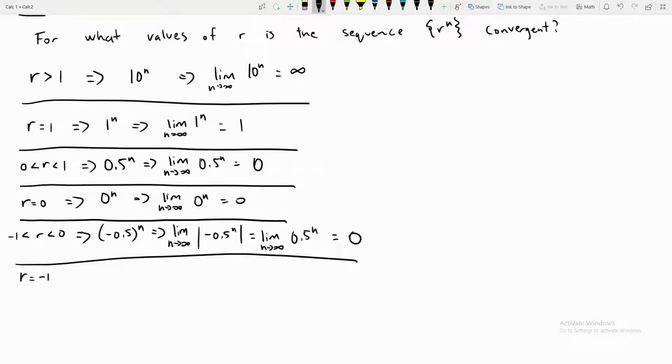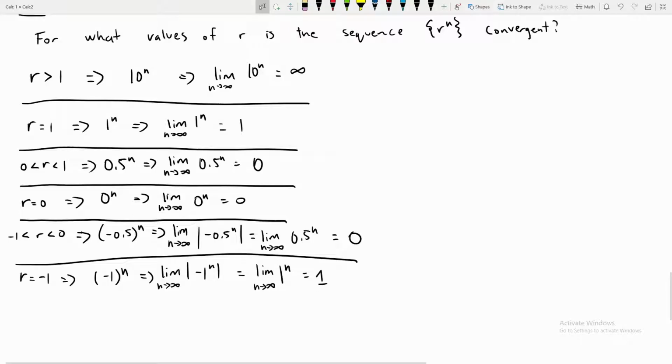Now what if r was equal to -1? Well, if r was equal to -1, the sequence would look something like this, (-1) to the n. In that case, we want to use the same exact limit trick that we've used. We basically want to take the absolute value of it. In this case, we get that it's equal to the limit as n approaches infinity of 1 to the n, which is actually equal to 1.